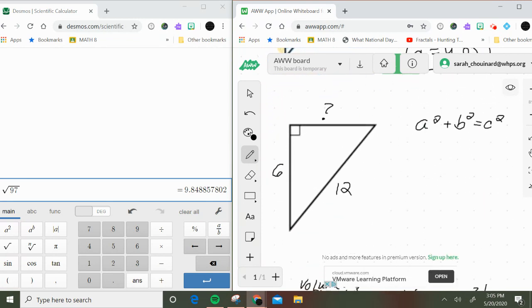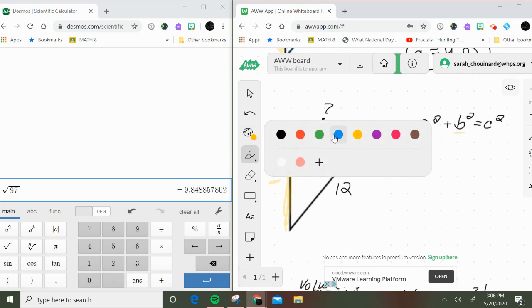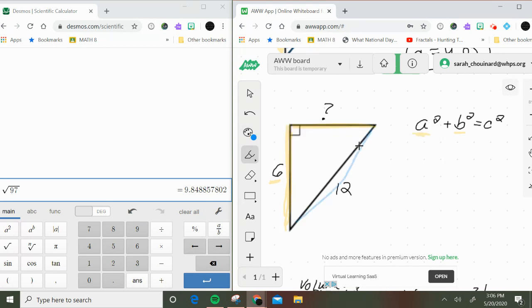So in this next example, the side that we don't know is a. So we don't know one of the legs of the right triangle, so we're going to be finding a. We do know b, we know the other leg of the triangle is 6, and we know c, which is the hypotenuse, the longest side of the triangle, is 12.